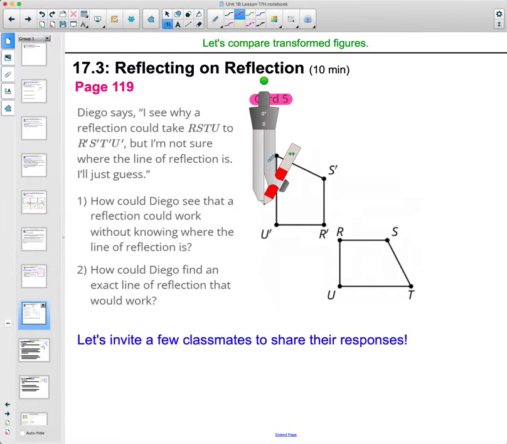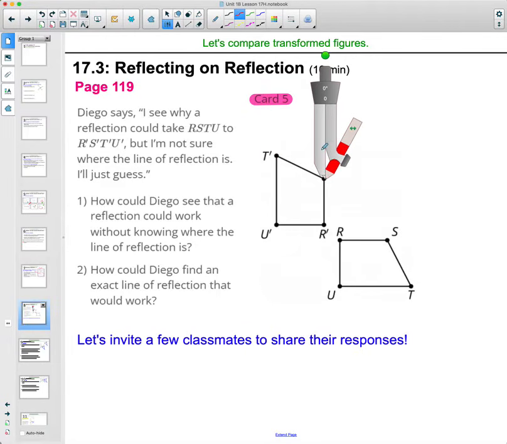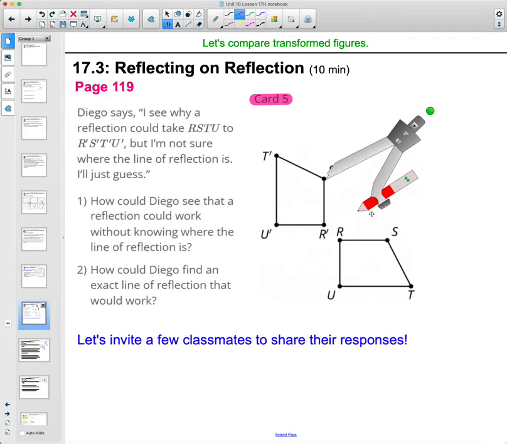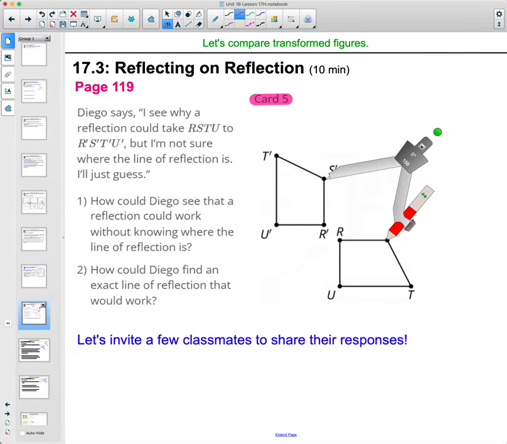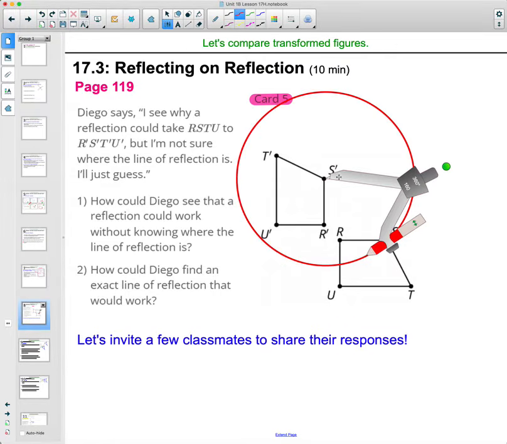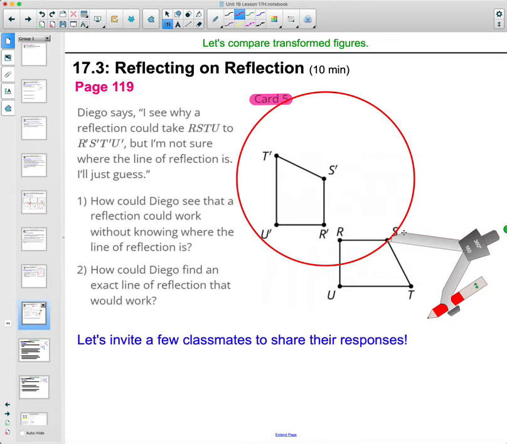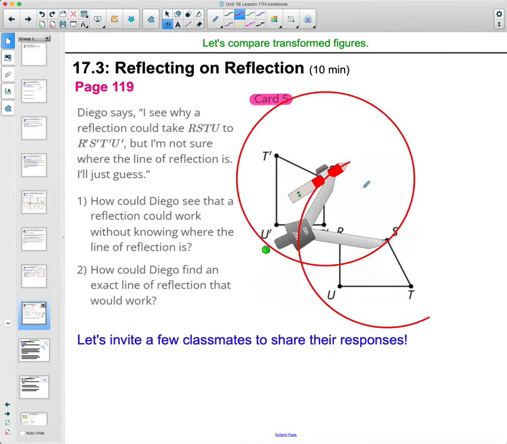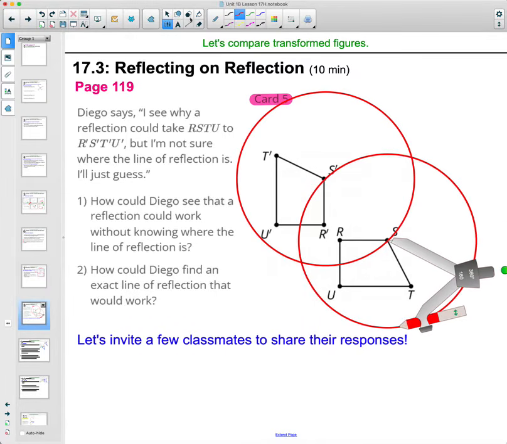So if he found the perpendicular bisector of any set of points, S to S prime, T to T prime, U to U prime, if he were to construct the perpendicular bisector, then he would end up with the line of reflection. So there's the two circles around S, S prime.